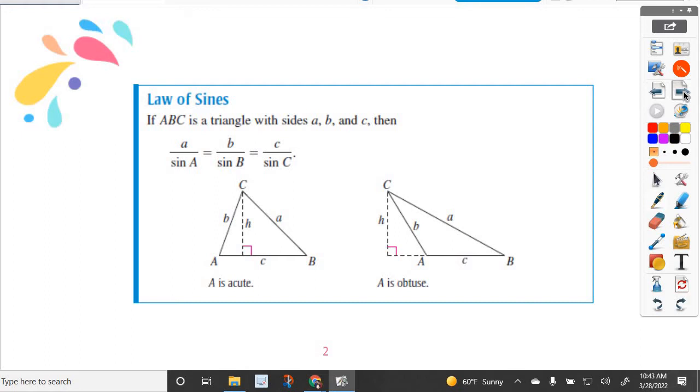We don't ever use all three ratios at the same time. Usually we're only going to use two parts of it, so we would do our A ratio equals our B ratio, our B ratio equals our C ratio, or our A ratio equals our C ratio. But we can do any combination of it. That's why it has the two equal signs instead of writing out three different options of the equation. You can do them in any order.